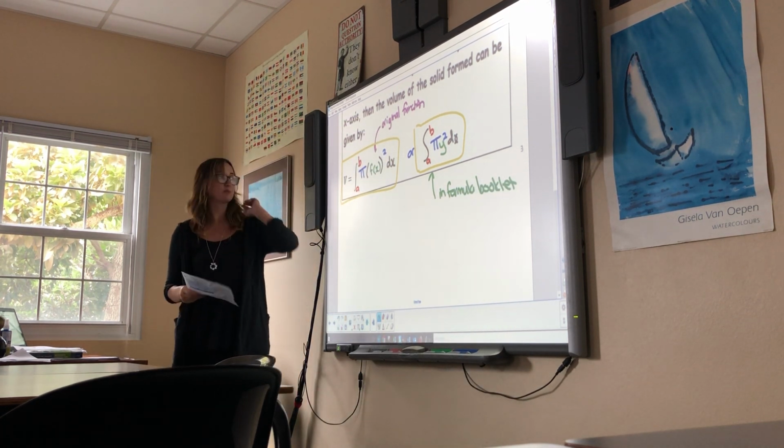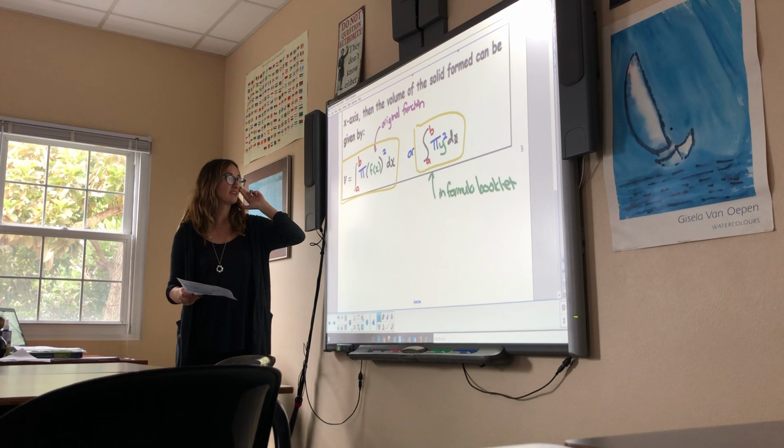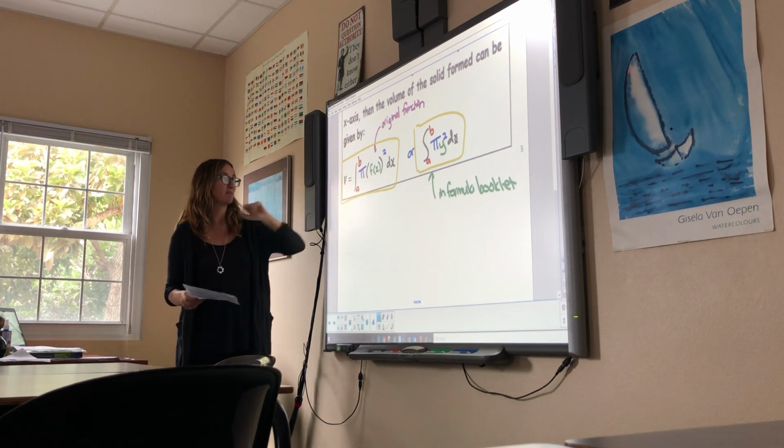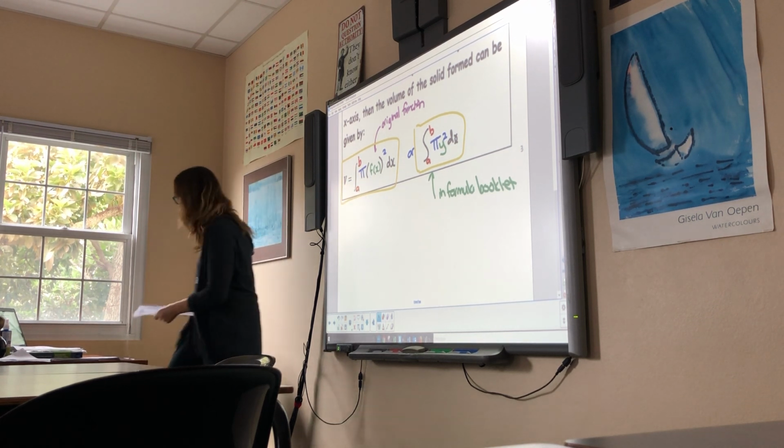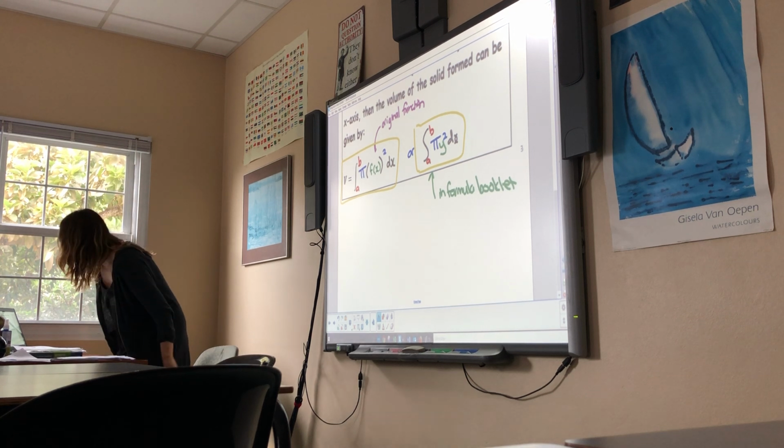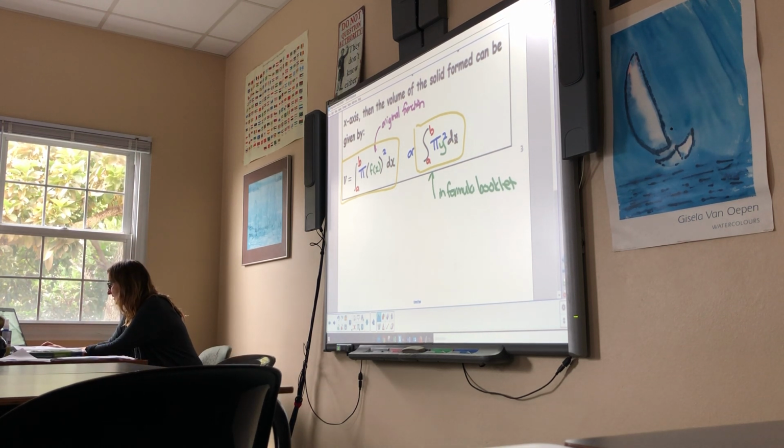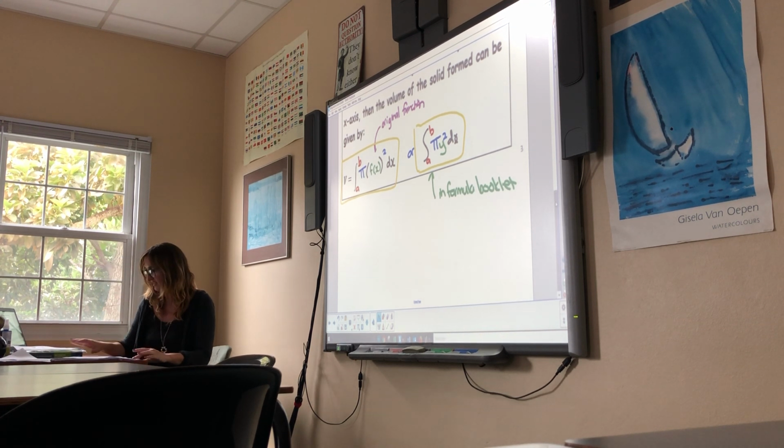Remember, it was fine to put a pi in the brackets. In fact, we had to on the calculator, even though in our notation we pop it out the front. And don't forget to square the f of x. It's kind of like pi r squared, and think of the radius as being your function. Which feels strange, but that's how it's done.